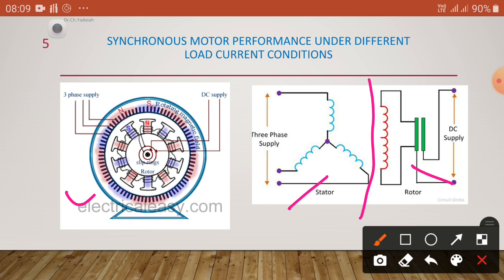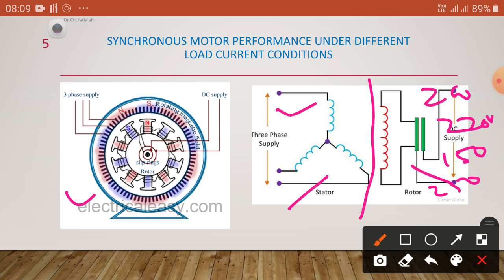Now, based on this, once the motor is running under normal condition, if the DC supply, for example 220 volts, is given as excitation, and if 150 volts is given, what will happen? If 200 volts is given, what will happen? And if 250 volts is given, what will happen? So, we are going to analyze this.